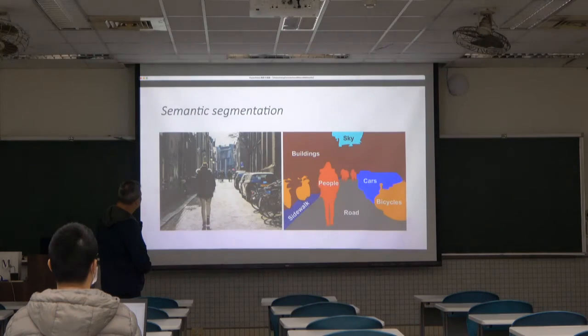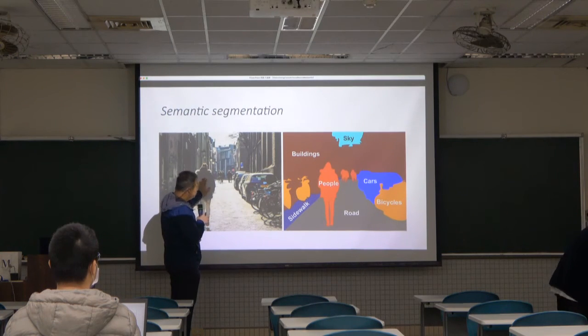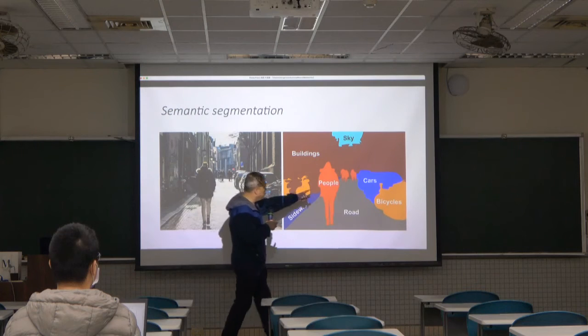Yeah, here. So this is the original image. What semantic segmentation does is classify each pixel into the class that the pixel belongs to. For example, all the pixels that cover this person will be classified as people.